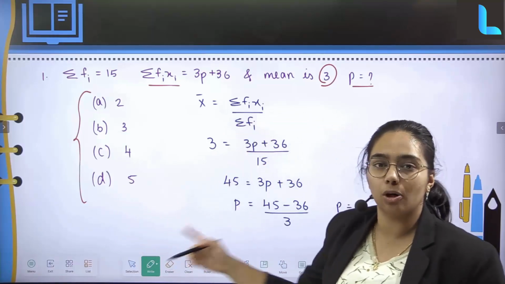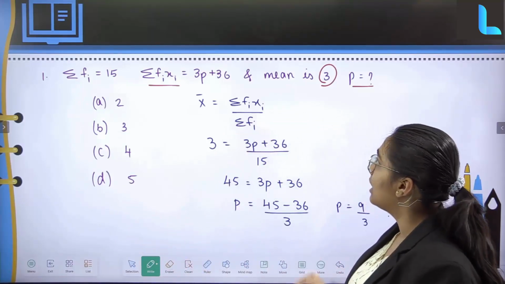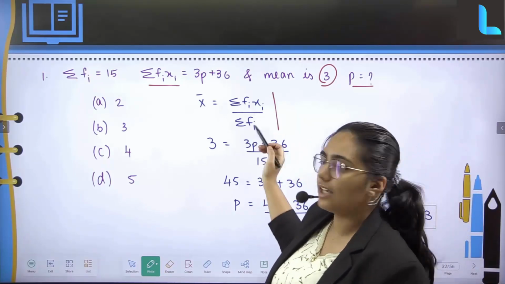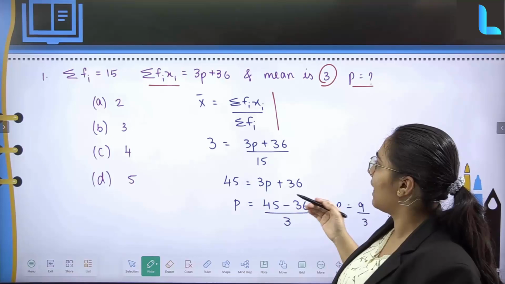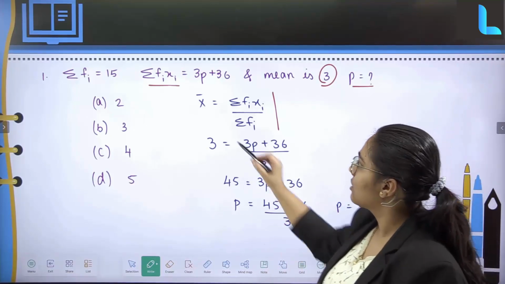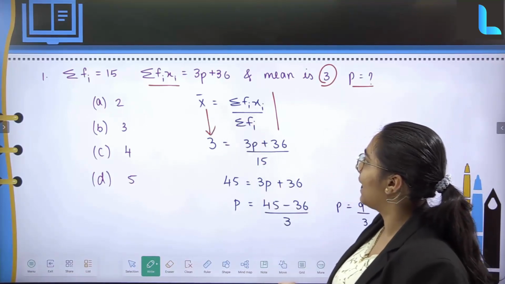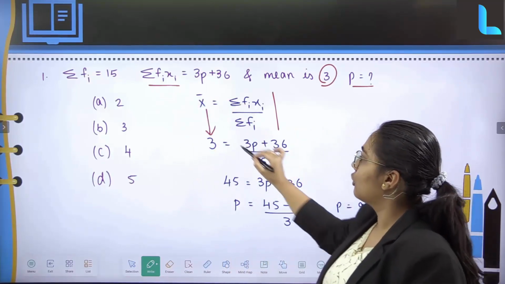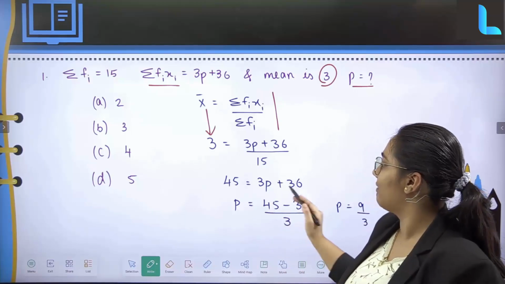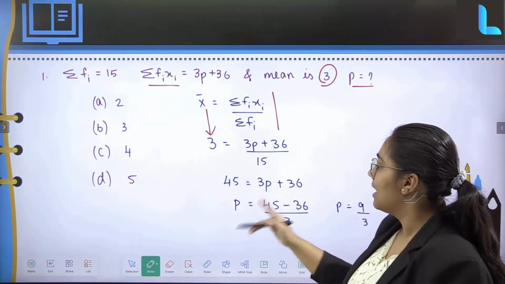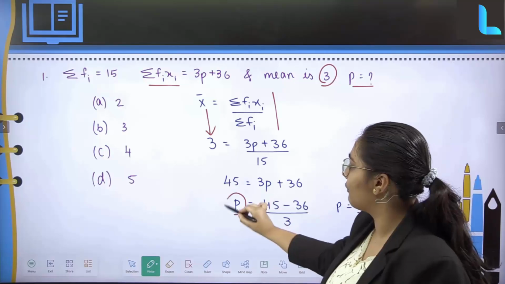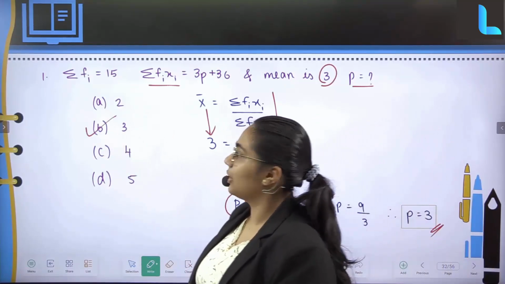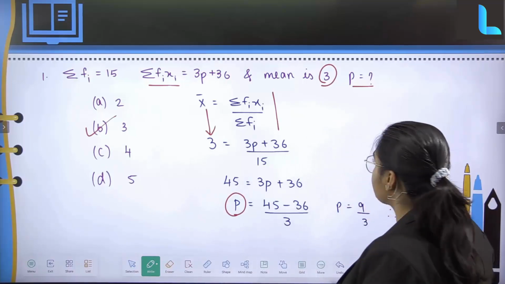The formula is x bar equals summation f_i x_i divided by summation f_i. In place of mean I add the value, and put the numerator and denominator values. Cross multiply, you get 45 equals 3p plus 36. Rearrange the terms to get the value of p, which is 3. So the option is 3.